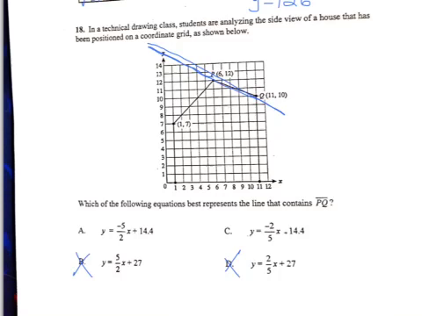It looks like it could be about 14.4, but both of the remaining choices have that y-intercept. The next thing to look at is the rise over run. Is it 5 over 2 or negative 2 over 5? Let's take a look from P to Q. I have to go down 2 and to the right 5, so that would correspond to choice C.